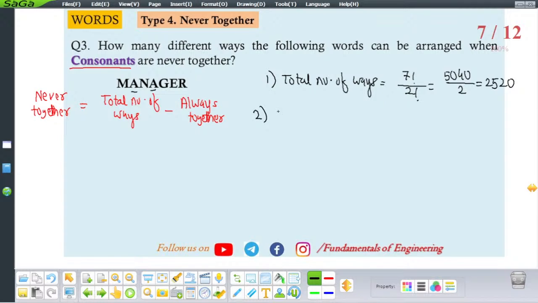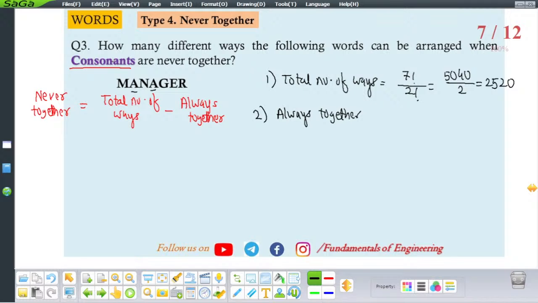Second, always together. So here we are taking the consonants always together. So how many consonants? M, N, G and R. M, N, G and R should be together. So these consonants will be together.